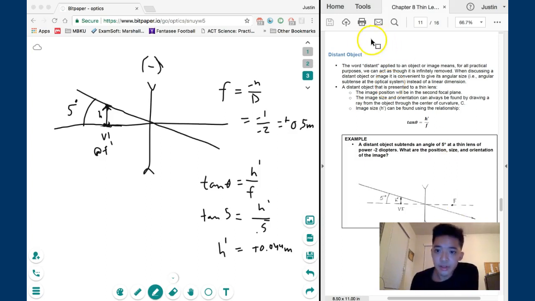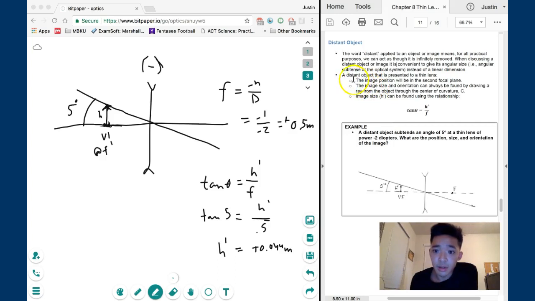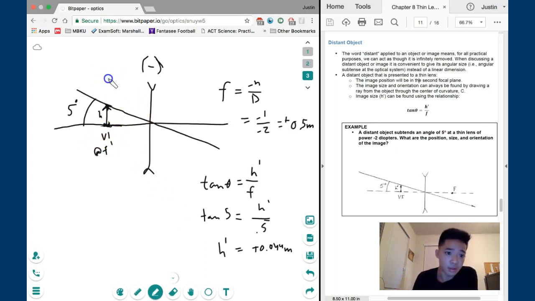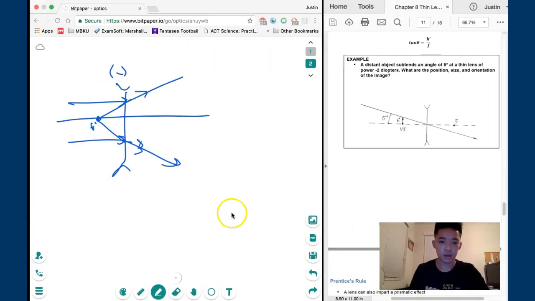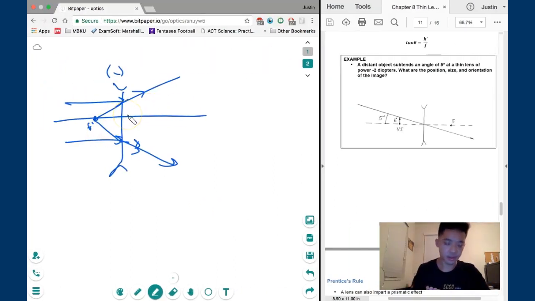With the distant object, the concept to know here is that the image position will be in the second focal plane, and so with a minus lens, that's going to be over here, right? Because remember, with the minus lens, this is F, therefore F prime is in the object space.